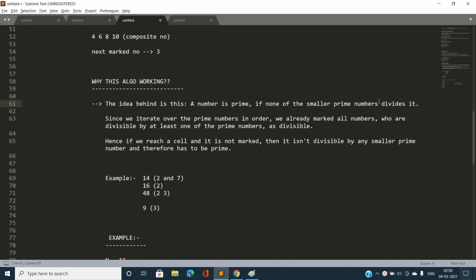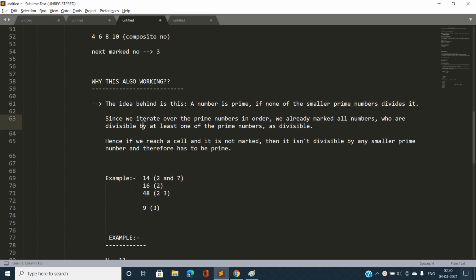Suppose we pick 11, then none of the prime numbers is going to divide it because it is already a prime number. So it is obvious that 2, 3, 5 and 7 do not divide 11. So a number is prime if none of the smaller prime numbers divides it. This is the main logic.